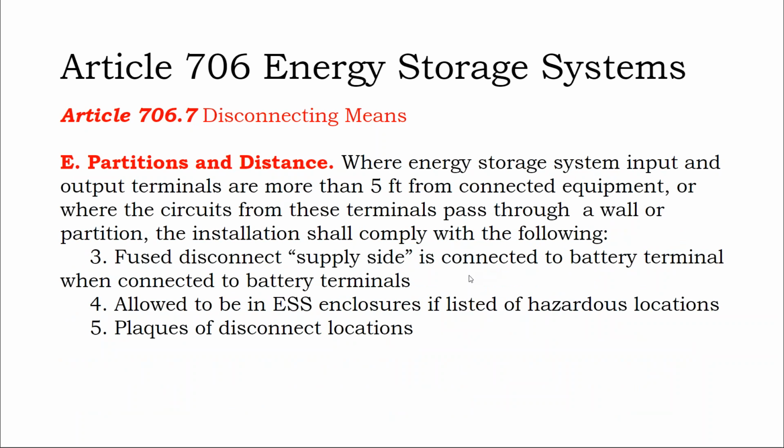So we need a fused supply side disconnect at the battery terminal when the two locations are more than 5 feet away from each other. So if you only want to get away with having one disconnect in line of that battery circuit, those batteries need to be within 5 feet of their end run. So that's pretty strict. The batteries have to be right next to the inverters to have simplified disconnects.